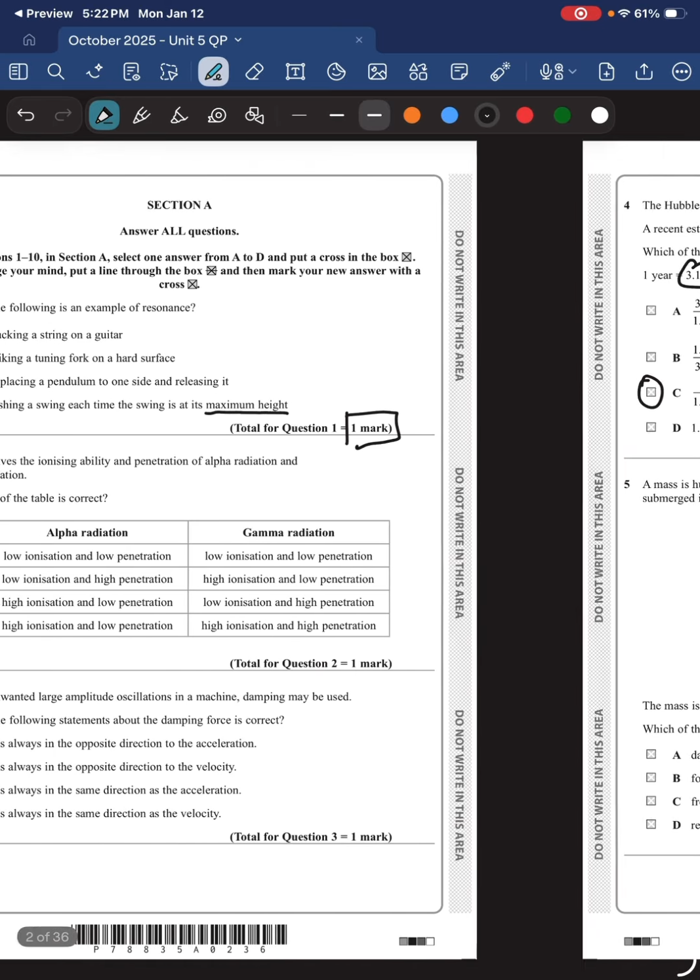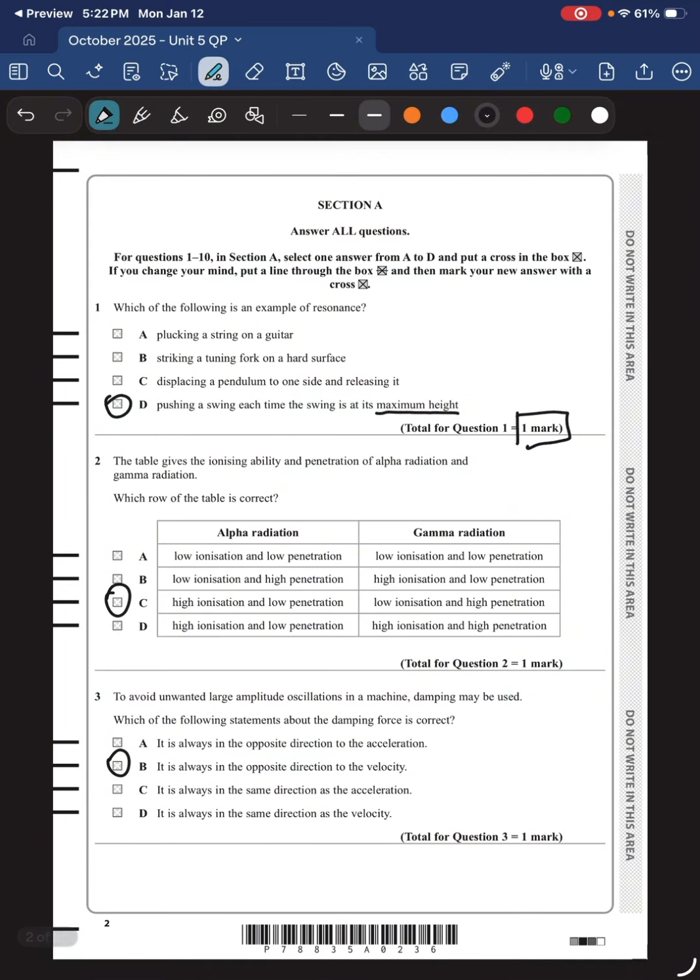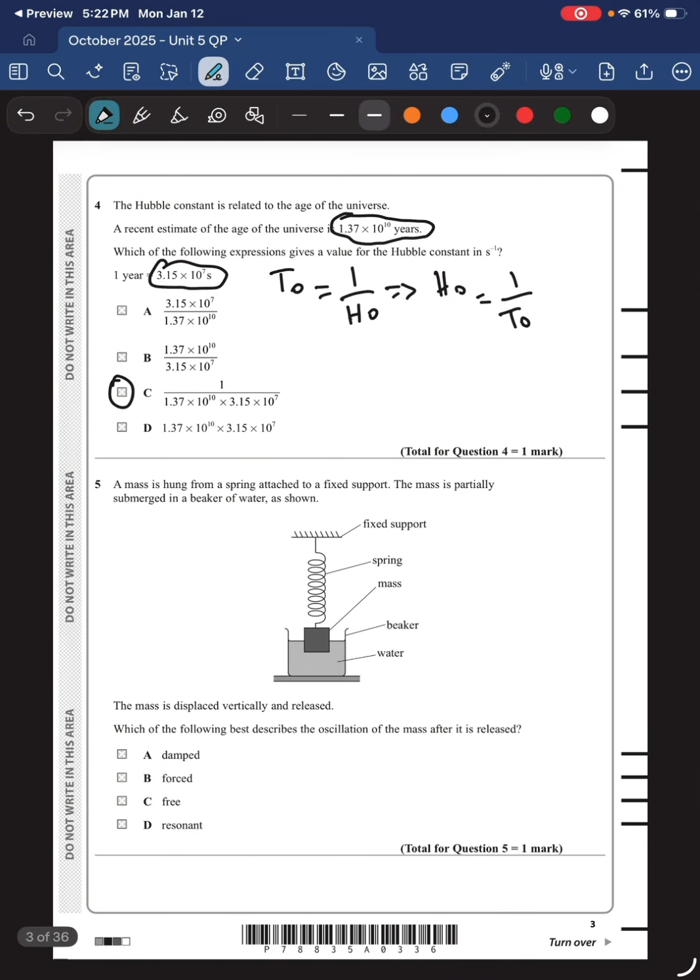This is the same concept as question 3. This is a damped oscillation, because you have the water. We can see an example here. When the mass moves down, the water pushes up, because it provides resistance.